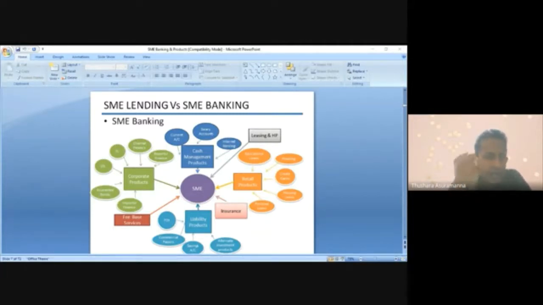You provide cash management like CASA, current account, savings account, salary, internet banking. You think about retail products: personal, pawning, credit card, housing, so many things. Insurance, hire purchase, leasing, financial services, advisory services, liability products. So it's a combination of products to one entity, one customer, depending on his requirements.